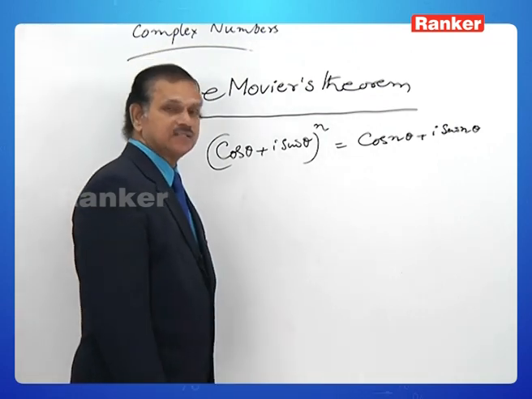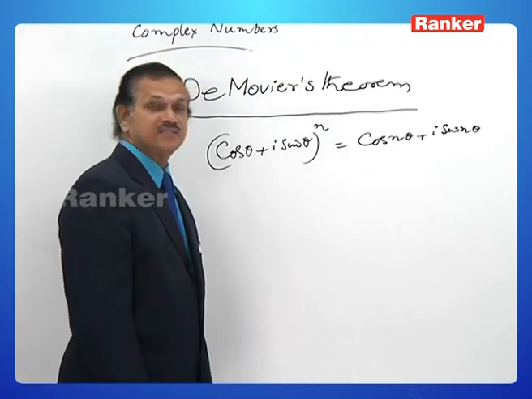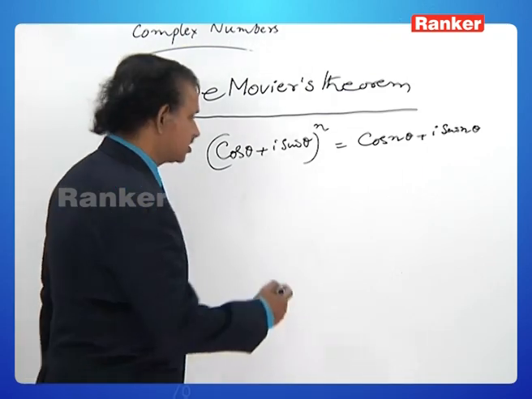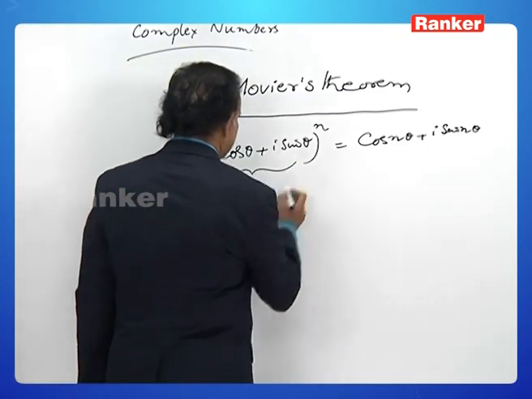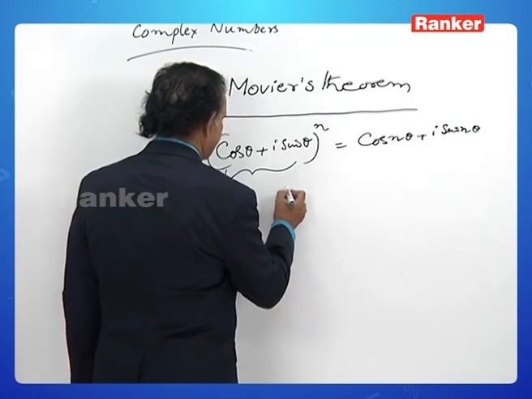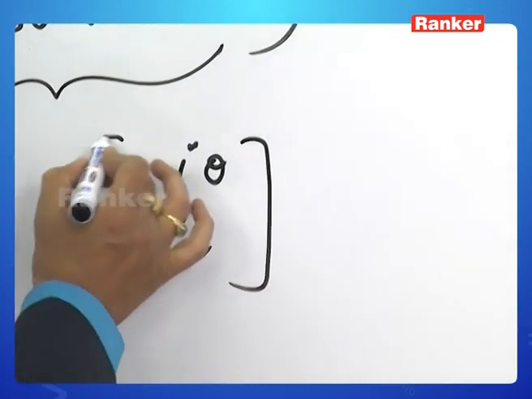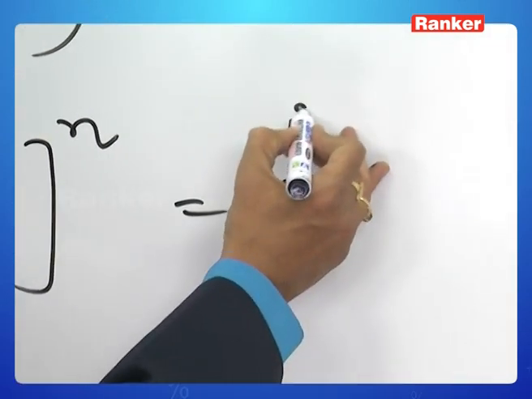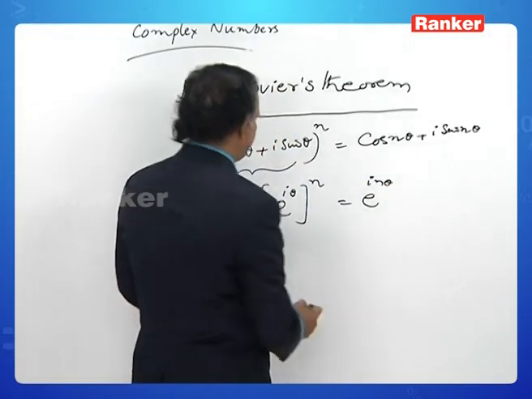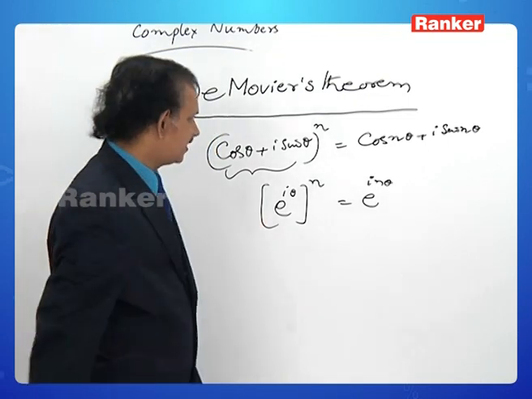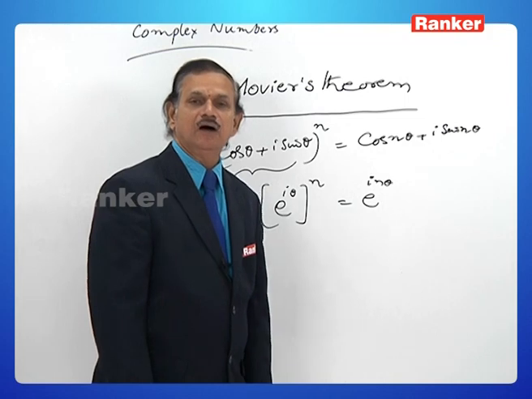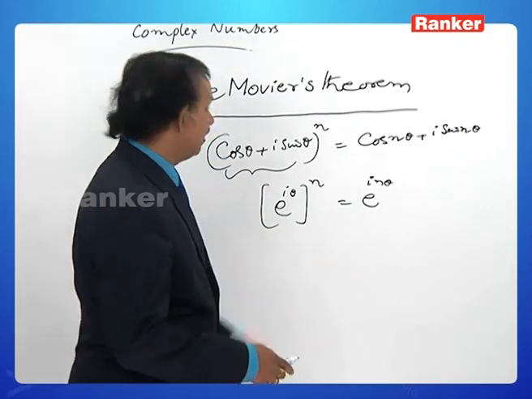So we will be making use of this result. Cos theta plus I sin theta whole to the power of n is equal to cos n theta plus I sin n theta. And by using Euler's definition, cos theta plus I sin theta is nothing but e power I theta. E power I theta whole to the power of n is equal to e power I n theta.